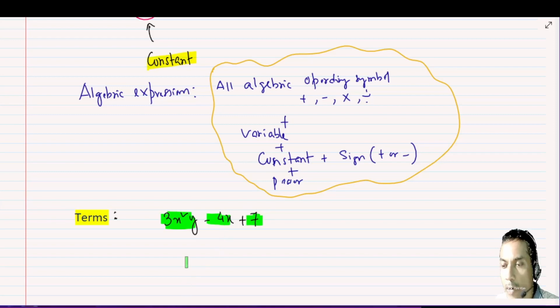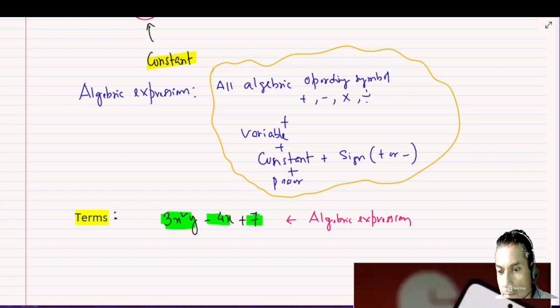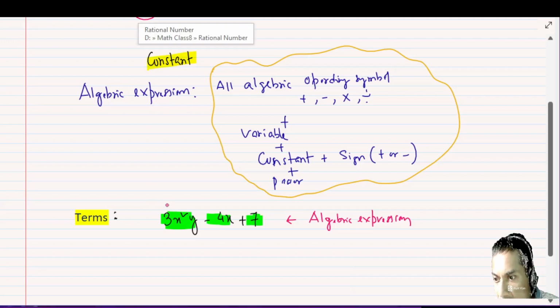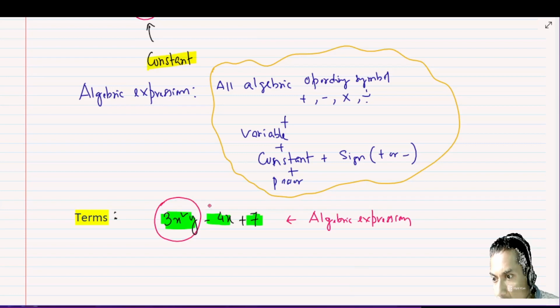So how many terms are there in this algebraic expression? This entire thing is actually the algebraic expression. Clear? And what are those terms? You must remember, always consider including symbol, sign. Symbol means sign, include sign also.